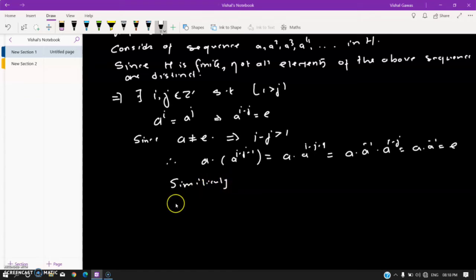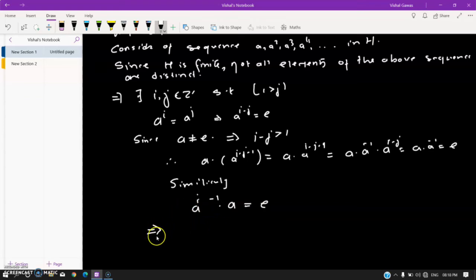Similarly, A raised to i minus j minus 1 into A will also give identity.